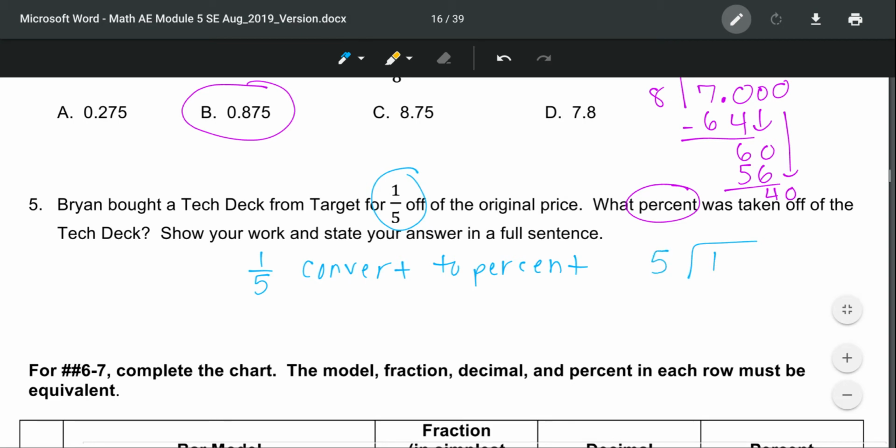So first convert it to a decimal, and then we'll convert the decimal to a percent. 5 goes into 10 twice, so you get 0.2. That would be the decimal, and then you move the decimal 2 places to the right, and that equals your percentage. Okay, so 20% was taken off of the tech deck.